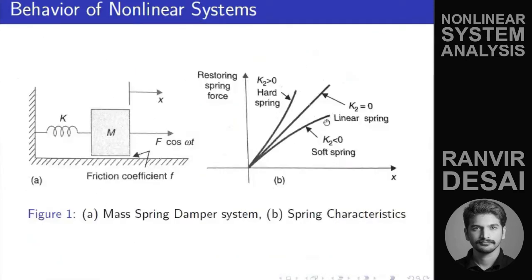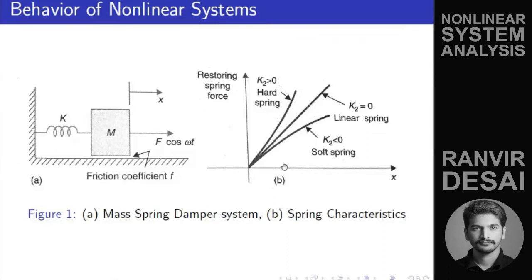Because it is x cube, the graph will be linear plus cubic. Let's consider K2 as 1, so it will be x plus x cube. You may try this out in MATLAB or on paper, but it will have a graph like this. In case of a hard spring, if the displacement is low, the restoring force is low.